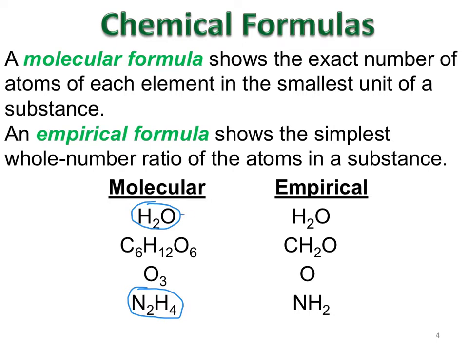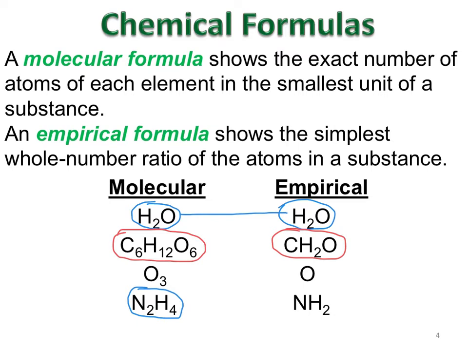So, for example, here, water, H2O, can't be reduced any further. Therefore, its molecular and empirical formulas are the same. The next one is C6H12O6, which is a generic hexose. Most people would think of glucose, and each of these can be divided by 6 to give CH2O.